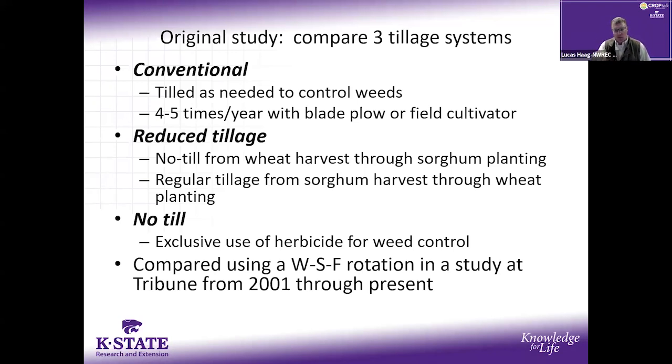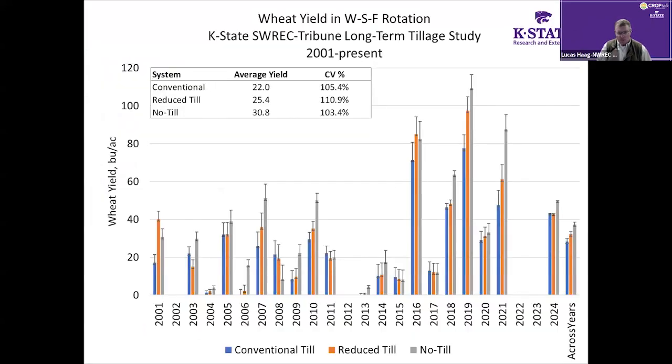In 2001, we moved it so all the tillage happens during that longer summer fallow period between sorghum harvest and wheat planting. And in the reduced till, the sorghum is still being, quote, no-till planted into the wheat stubble, so no disturbance of the wheat stubble after harvest.